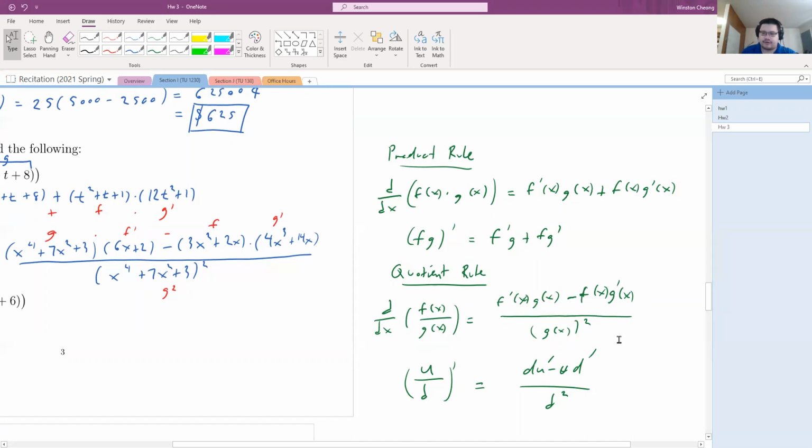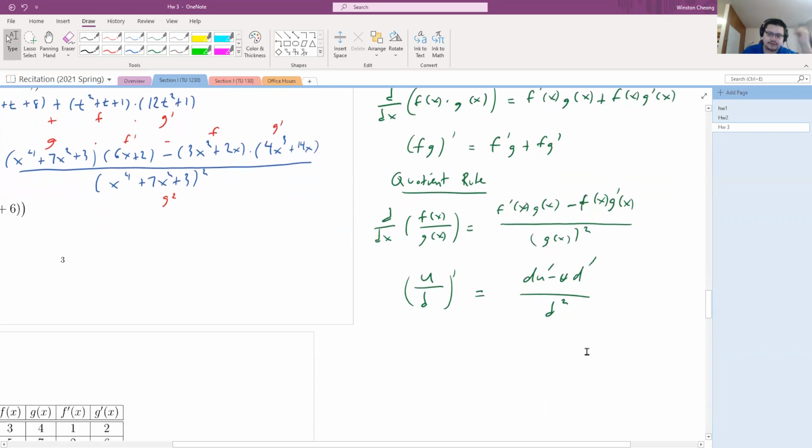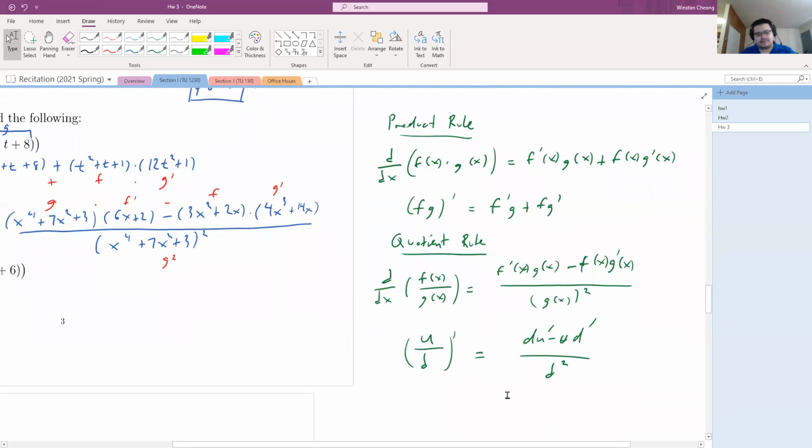Usually the way it's taught is that you keep the order from the product rule the same. You have to remember that it's in this particular order, and then you just turn the plus into a minus, and you have to remember to divide by the denominator squared. The g in the denominator gets squared. Okay, and those are the rules that we need so far.